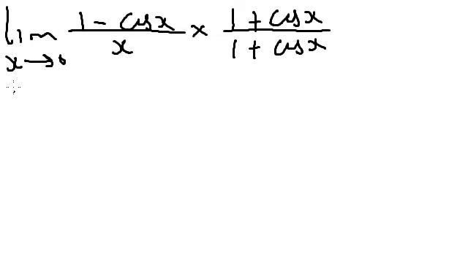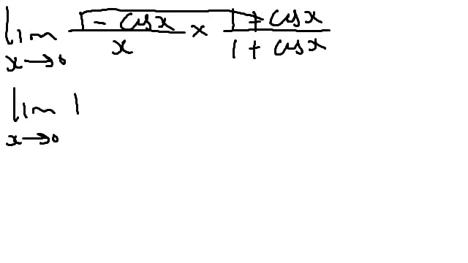So therefore, we now have the limit as x approaches 0 of 1 multiplied by 1 is 1. Then 1 multiplied by positive cosine x, so we have plus cos x. The negative cos x times 1, that's negative cos x.